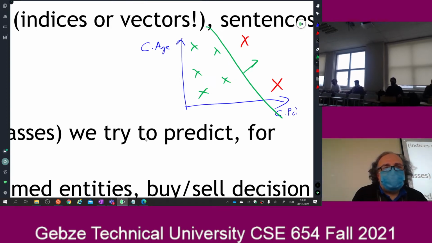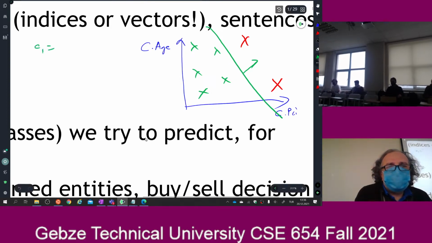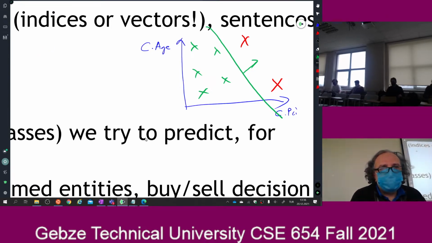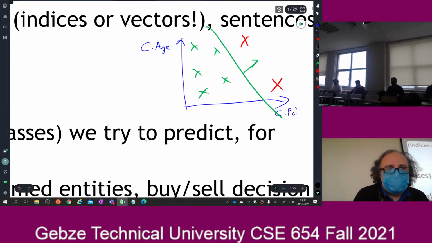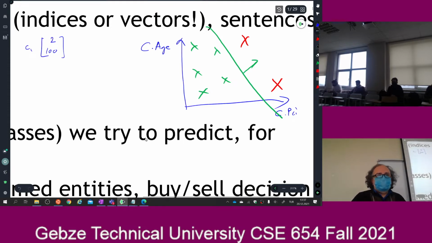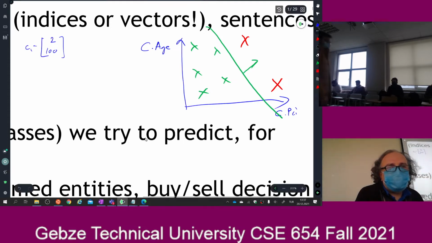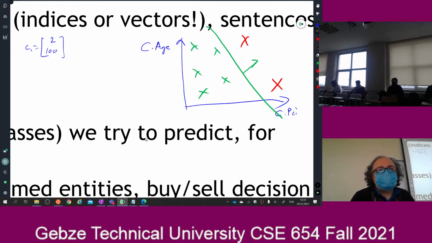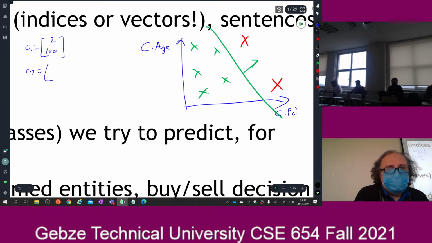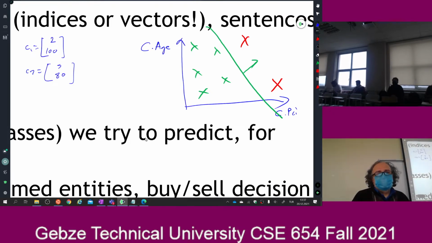So this is what I'm going to do. If somebody gives me car number 1, I am going to represent this car with 2 years old, 100,000 Turkish liras. Just two numbers, a two-dimensional vector. And car number 2, maybe 5 years old and 80,000 Turkish liras. So I'm going to represent my cars like that.